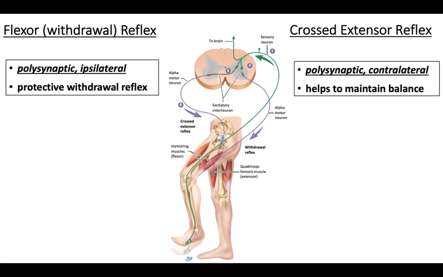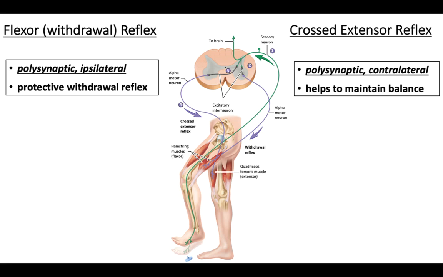Another reflex we have is known as the flexor withdrawal reflex. Flexor withdrawal reflexes are in response to pain. So in this case, we're using the legs as an example, but you also have them in your arms. The arm ones would be if you, say, touch a hot stove, right?